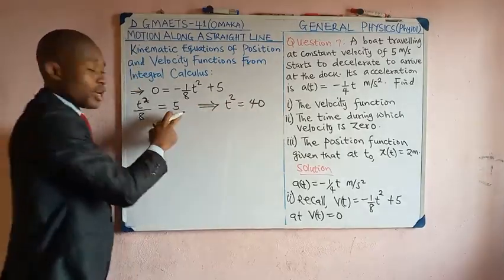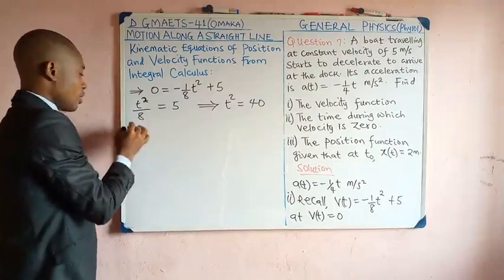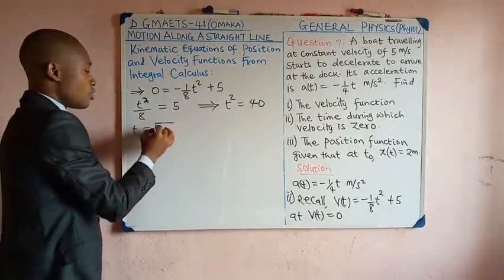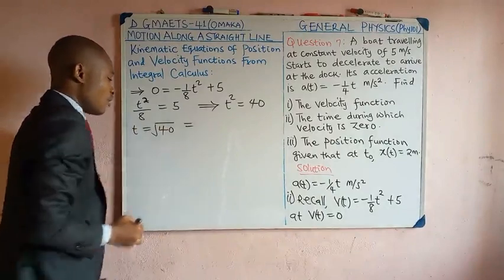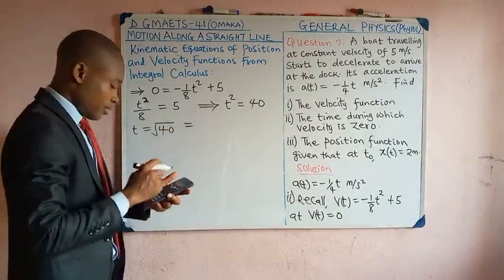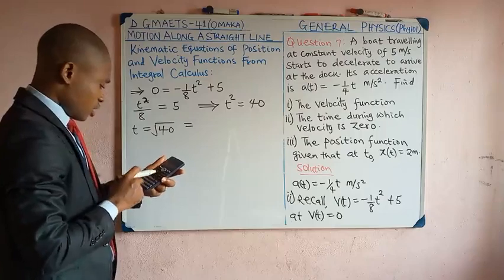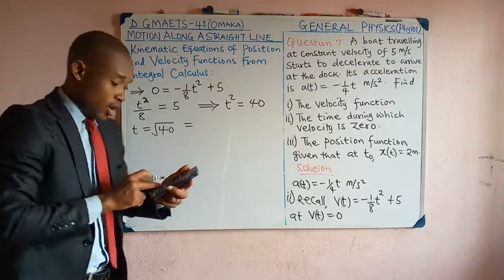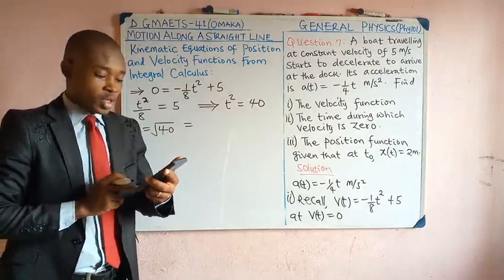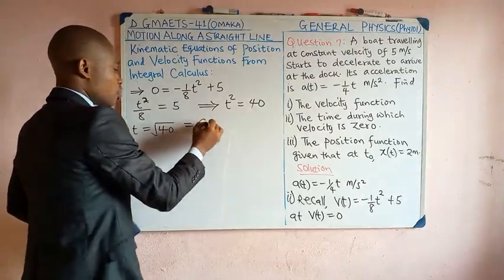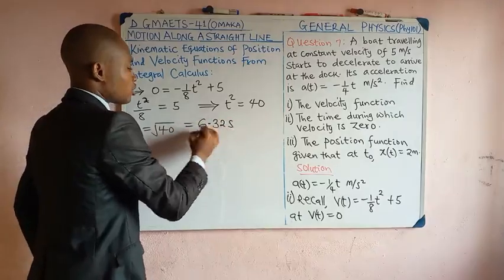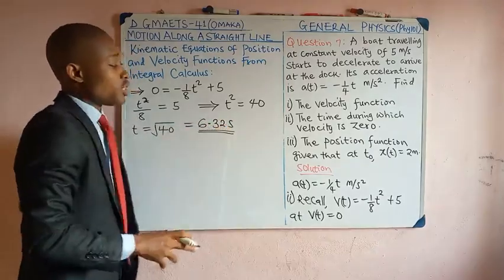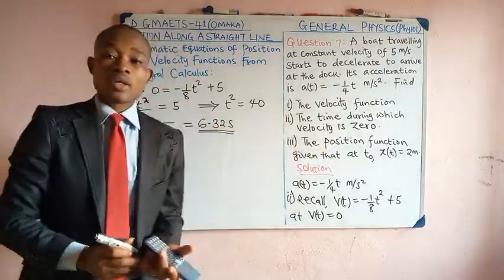You cross multiply, is that okay? Then the value of t will give us the square root of 40, which will give us about 6 point something, about 6.3 or so. Let's find out. Square root of 40, 6.32. So 6.32 seconds. So this is the time during which the velocity is equal to what? 0.